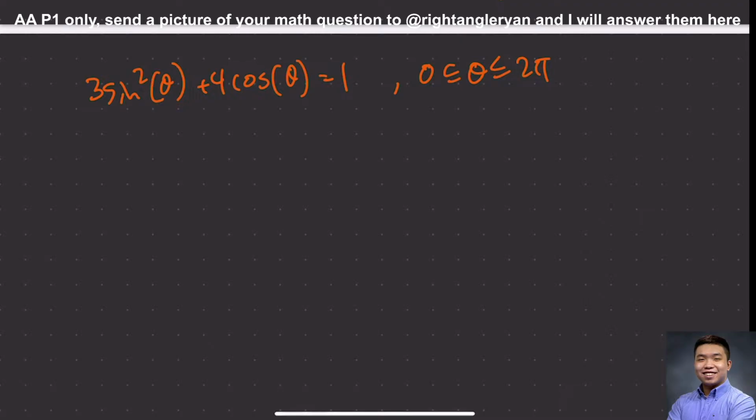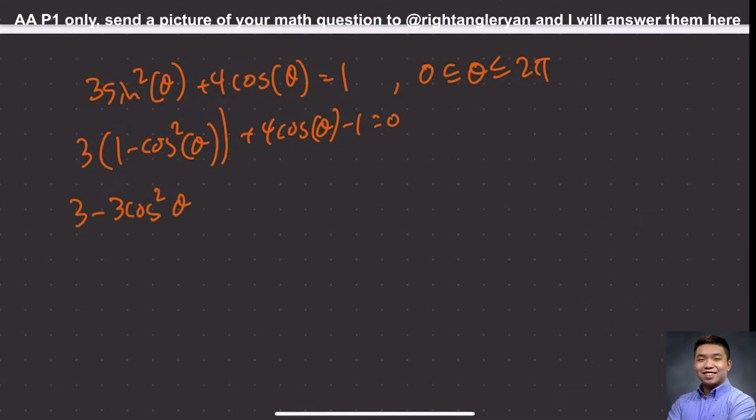So what we need to do is simply convert the sine squared into cosine. So 3 times (1 minus cosine squared theta) plus 4 cosine theta minus 1 equals 0. So now we can just do 3 minus 3 cosine squared theta plus 4 cosine theta minus 1 equals 0.